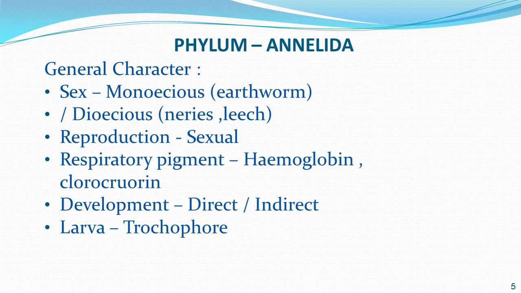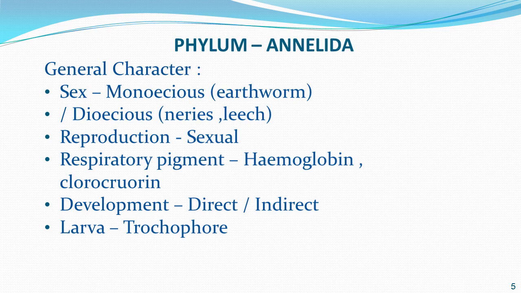Clear? And the reproduction is sexual. Even in monoecious types only sexual reproduction occurs: both male and female gametes are produced and unite together. The earthworm unites with another earthworm. Then respiratory pigment: the blood contains a respiratory pigment.